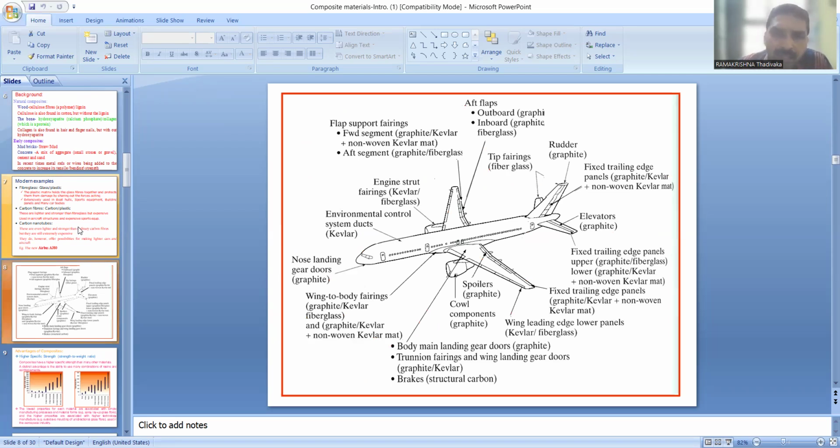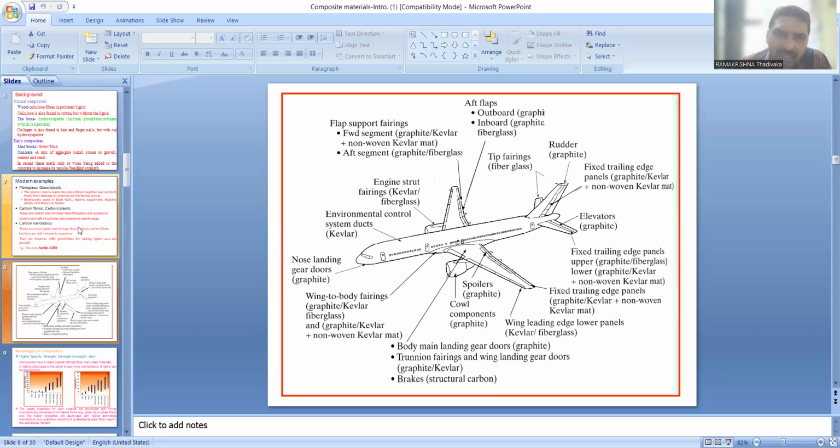See here, one aeroplane can be seen in this slide and different parts can be seen. Here all the parts are made of composite material.